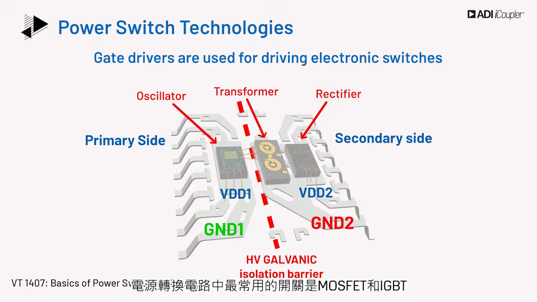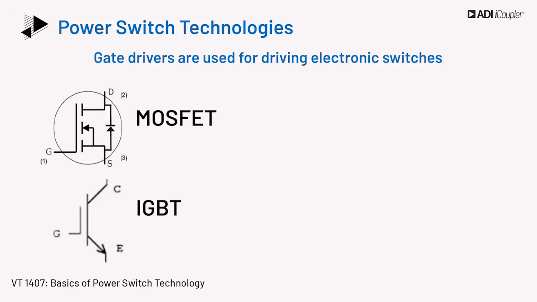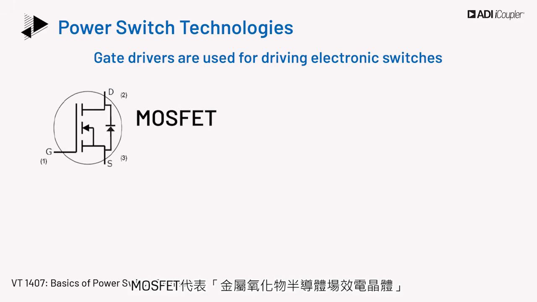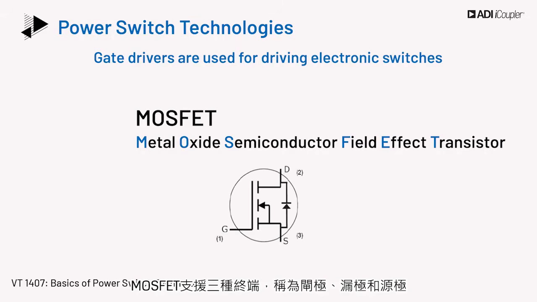The most common switches used in power conversion circuits are the MOSFET and the IGBT. MOSFET stands for metal oxide semiconductor field effect transistor. The MOSFET has three terminals called the gate, drain, and source.